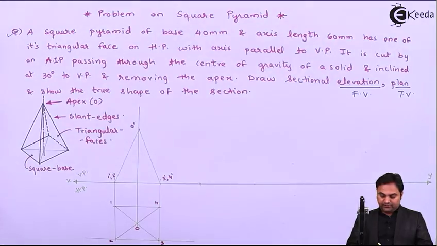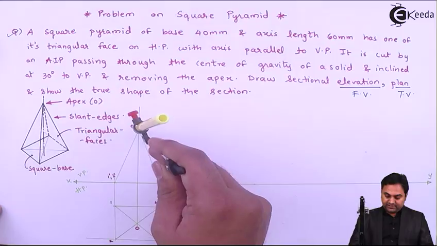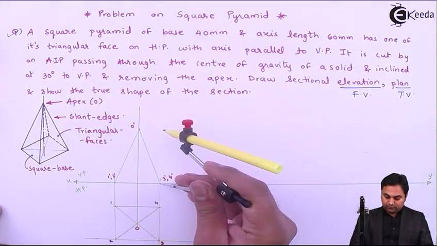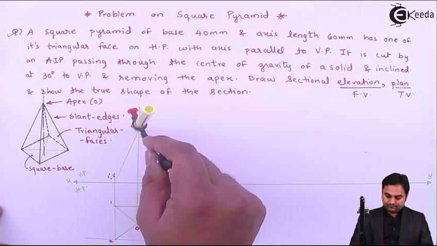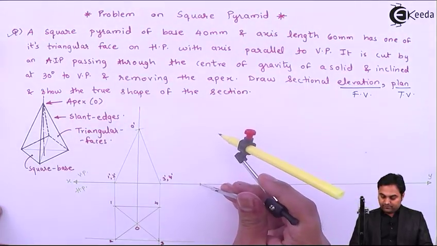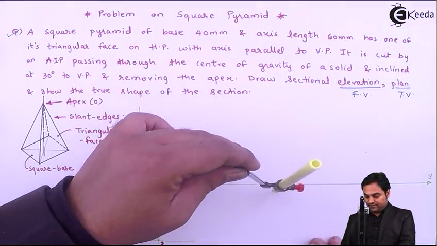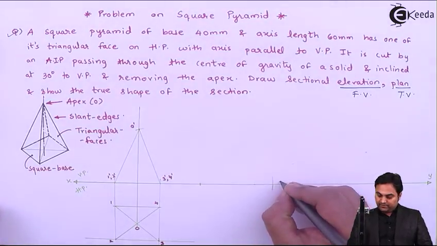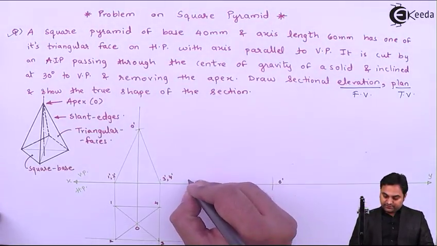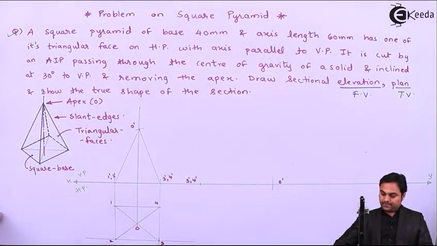I am selecting a point, measuring the distance from 4 dash, 3 dash up to O dash. Keeping it over here, marking it on XY line. So here I am getting O dash, and this is 3 dash, comma 4 dash.